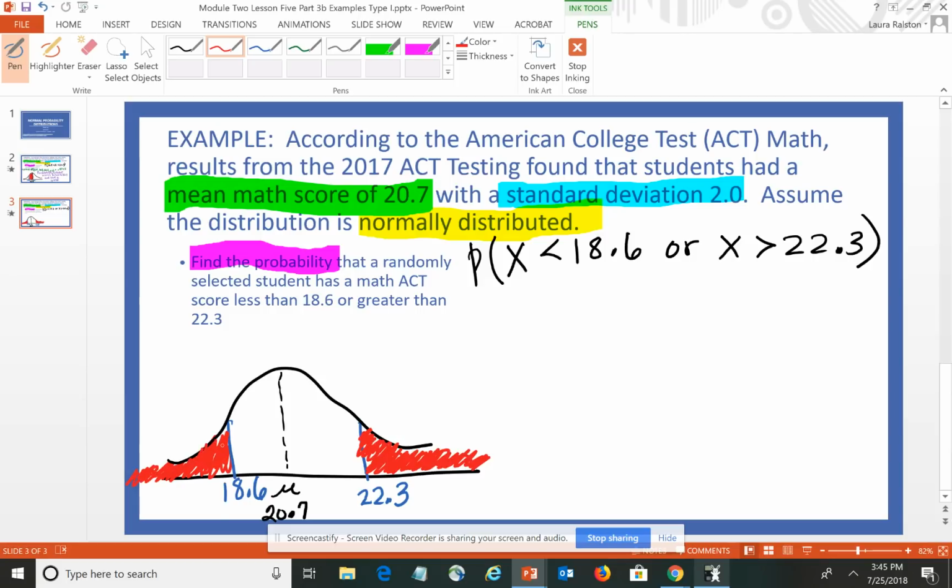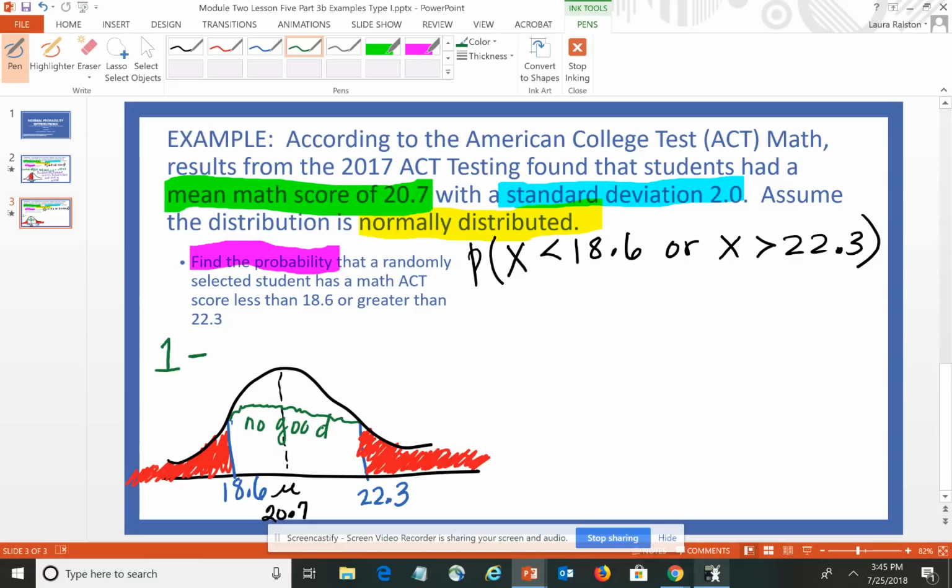But to simplify the calculations, let's think about this for a minute. Remember we learned early on that the entire curve is 1 or 100%. And so if I could subtract this region here in the middle, this white piece, which is kind of like the no-good area, it's not what I'm looking for.